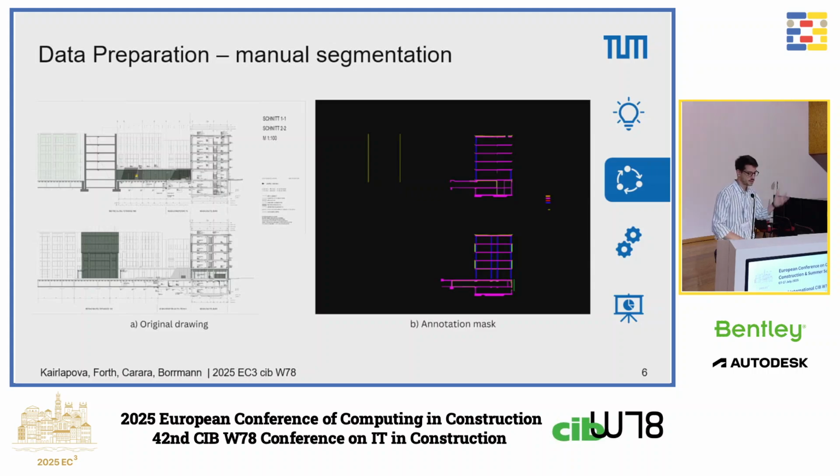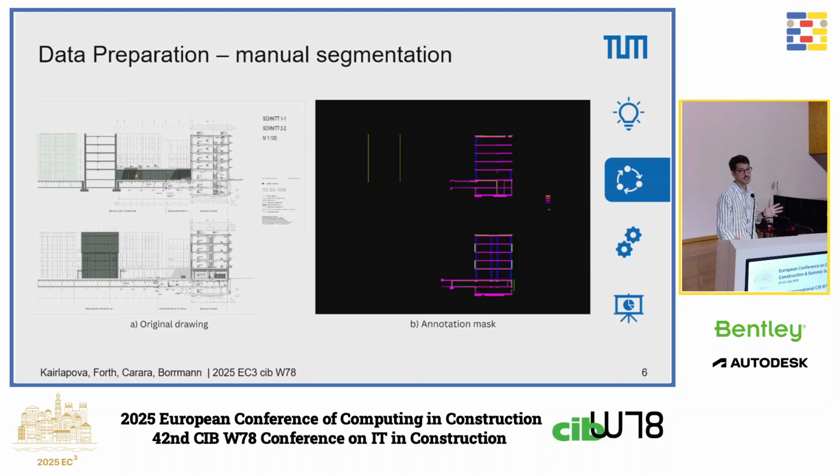The data preparation, I mean, most of you know it, but the big challenge here is we're really looking just at primary structural materials. On the left-hand side you see the original drawing, but the mask is only focusing on a few hatches in this drawing, not all the other lines.